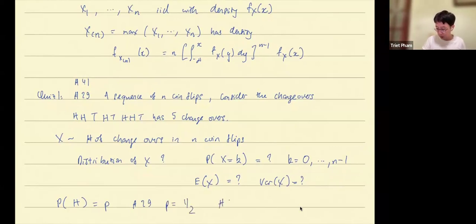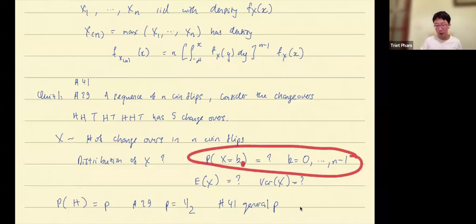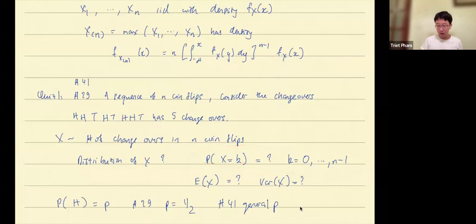In number 41, it's just a general P. So long story short, you look at the number of changeovers in n flips, and you write down the probability that k changeovers happen. And for when the coin's fair, you also want to work out the expected number of changeovers for a general P.